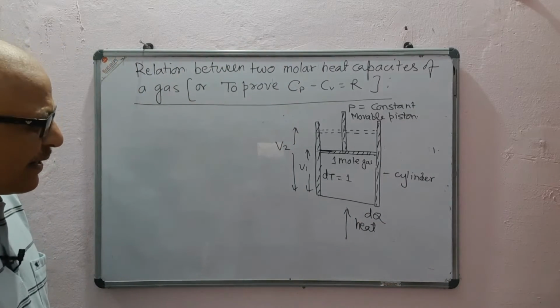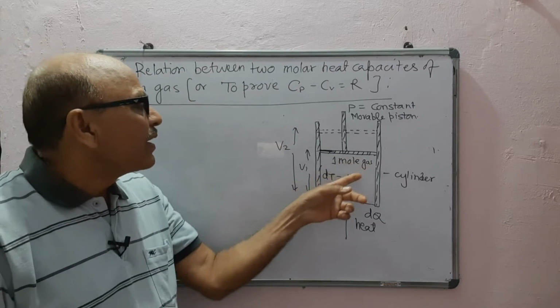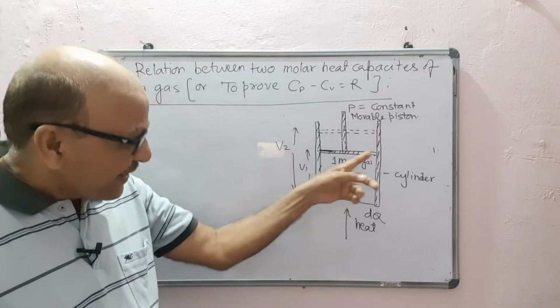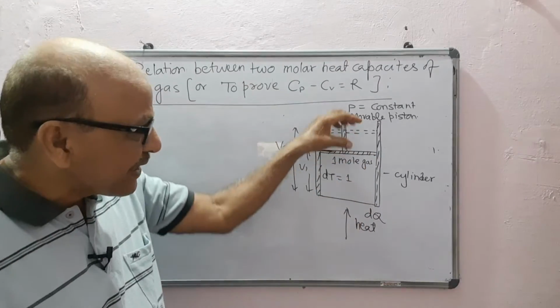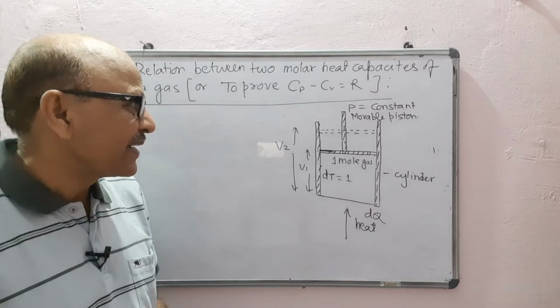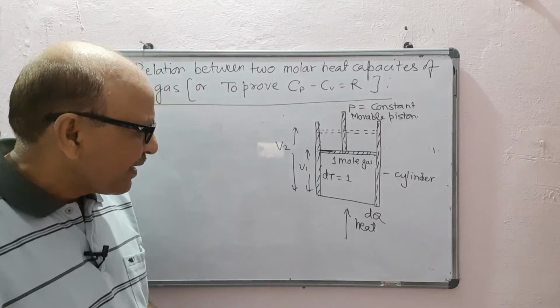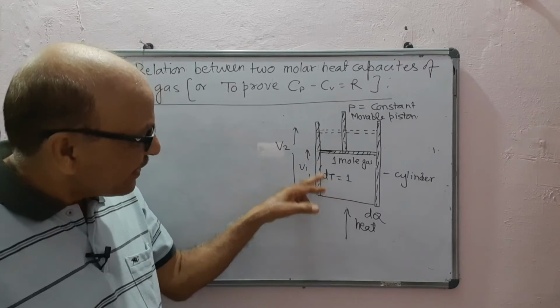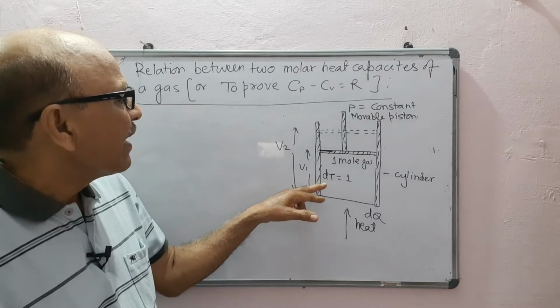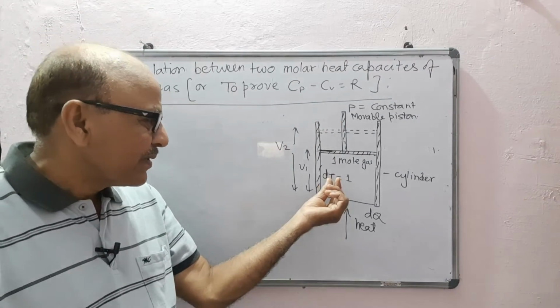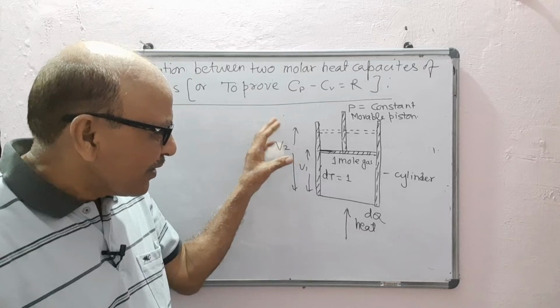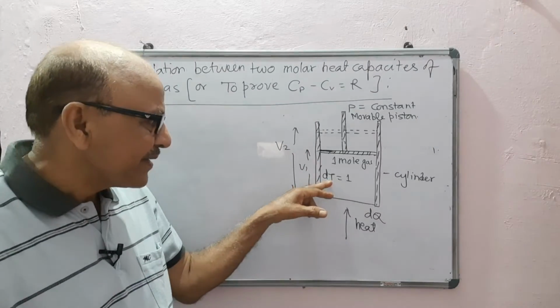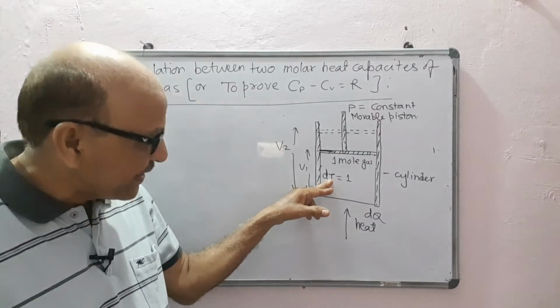Here we have 1 mole of an ideal gas inside a cylinder fitted with a movable frictionless piston. At temperature T1 its volume is V1 and at temperature T2 its volume becomes V2, where T2 minus T1 is equal to temperature change dT, which is 1 degree.